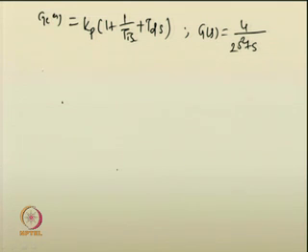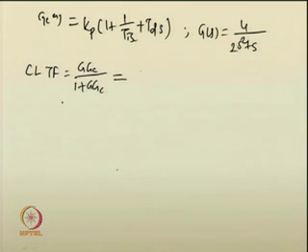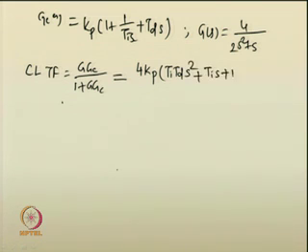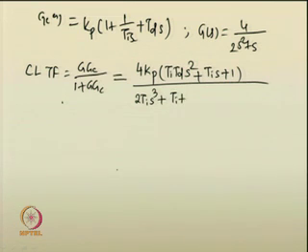Thus, that will give us the closed loop transfer function as GGC upon 1 plus GGC, which can be obtained after simplification in the form of 4 Kp times (Ti Td S square plus Ti S plus 1) in the numerator and 2 Ti S cubed plus (Ti plus 4 Kp Ti Td) times S square plus 4 Kp Ti S plus 4 Kp in the denominator.